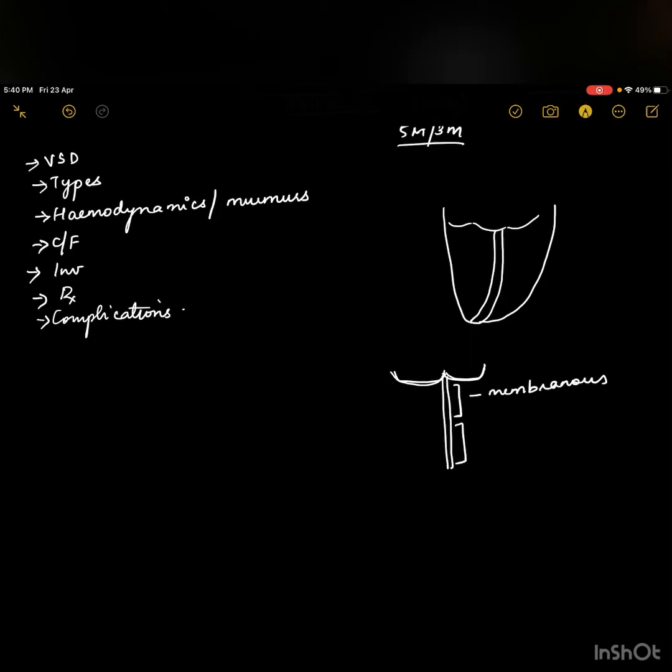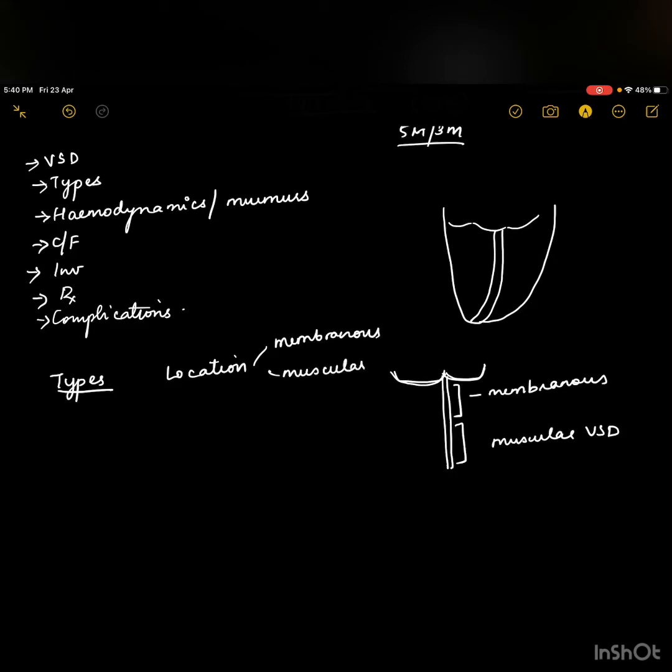And if the defect is in the lower portion of the septum, then it's known as a muscular VSD. So depending upon where it's located, it can be classified as membranous or muscular.